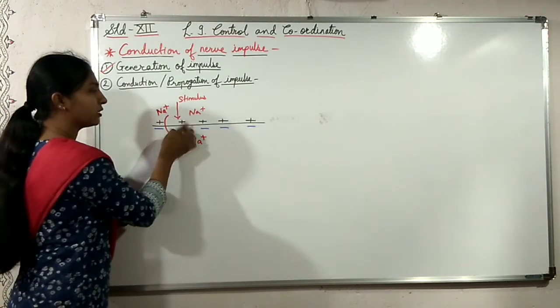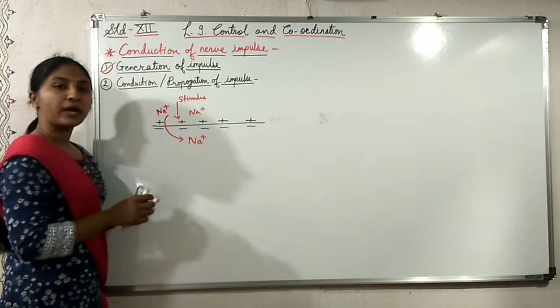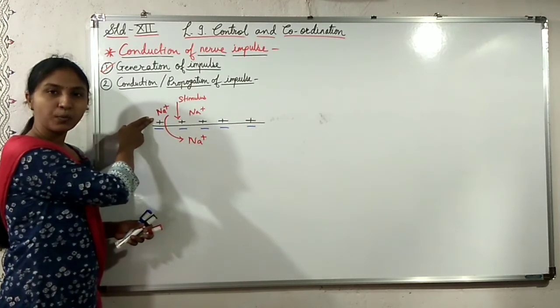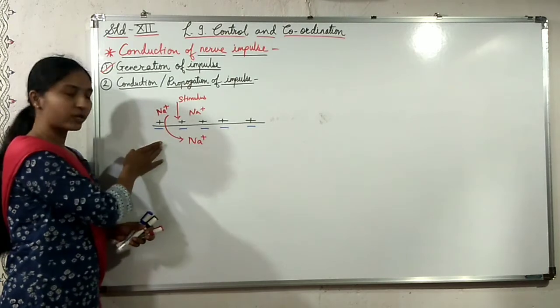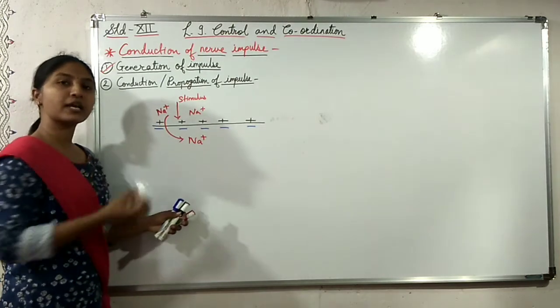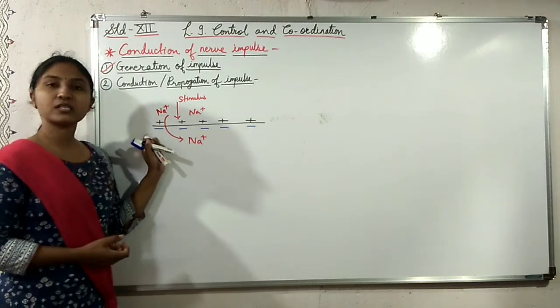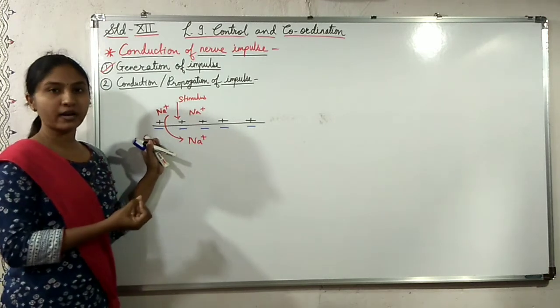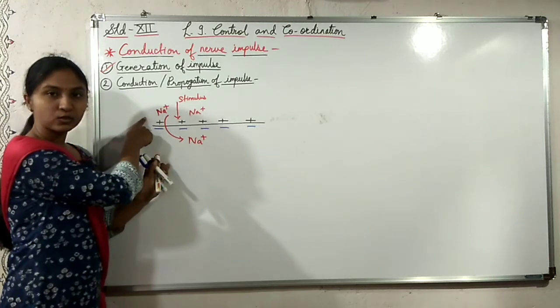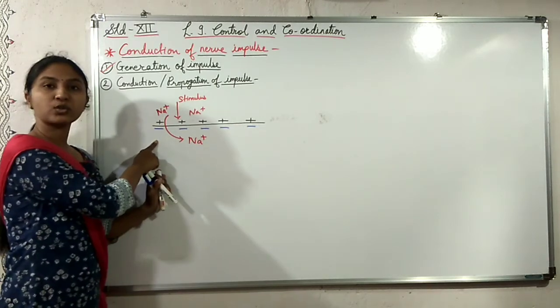Here at the beginning, when the membrane is electropositive on the outer side and electronegative on the inner side, we say it is at the resting state, as we saw in the earlier part. At the resting state the membrane is polarized, meaning the outer side is electropositive and the inner side is electronegative.